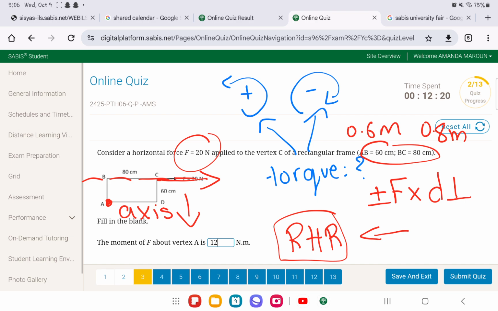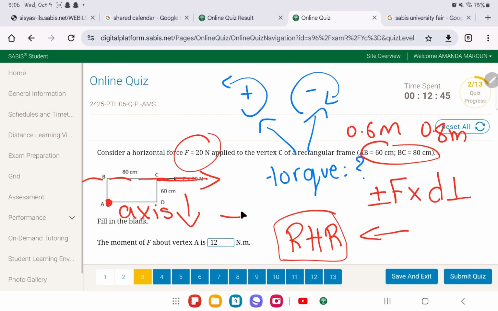So we put our right hand on the force, and we need to put our palm downwards. The palm means the inside of our hand. Now, if you notice, my thumb is pointing towards my tablet screen. If my thumb is pointing towards my tablet screen, then it is negative.